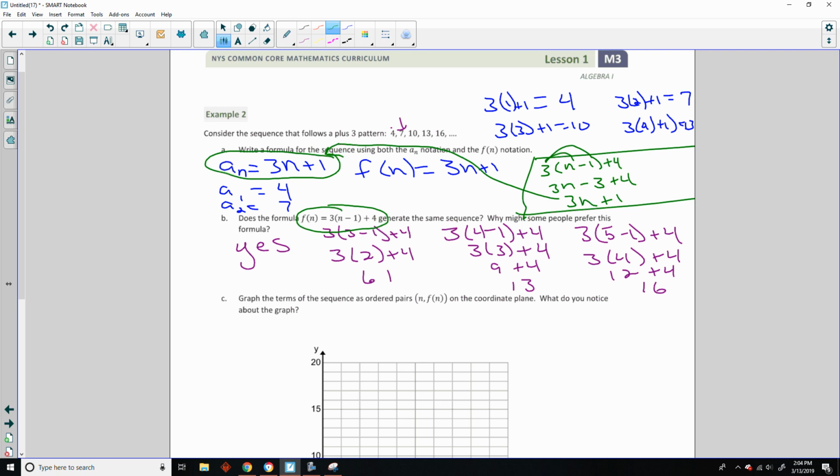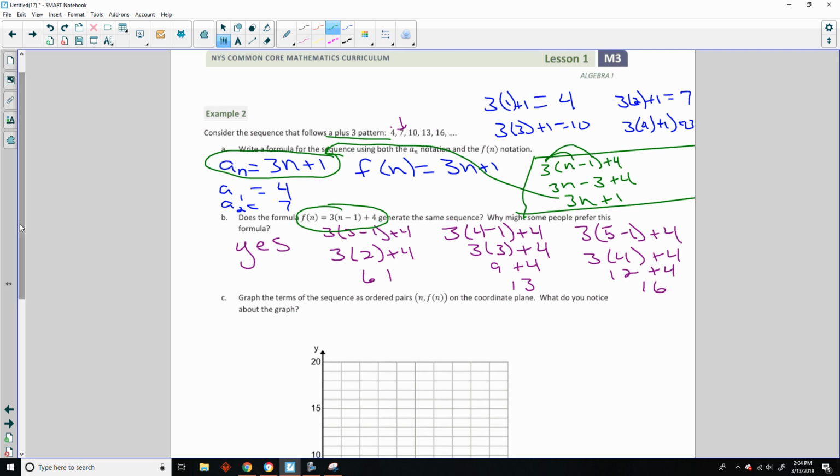Since there is the 3 plus pattern, we're adding 3 every time. Since there's an adding 3 every time, the nth term is just the first term plus that many more 3's.